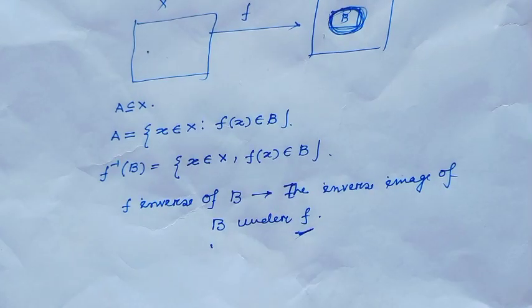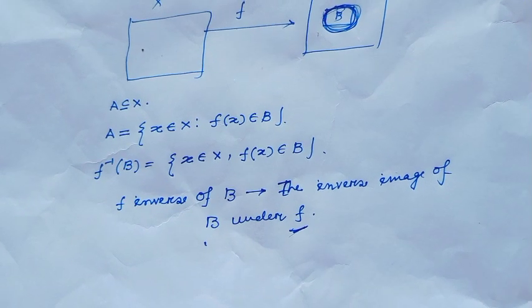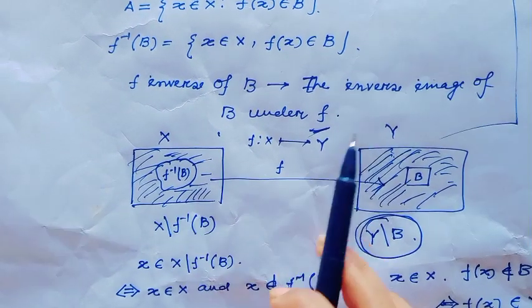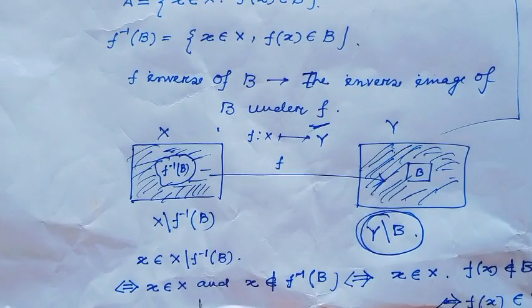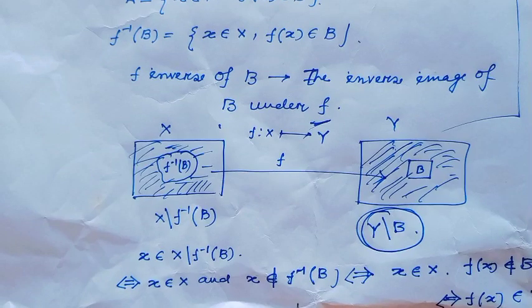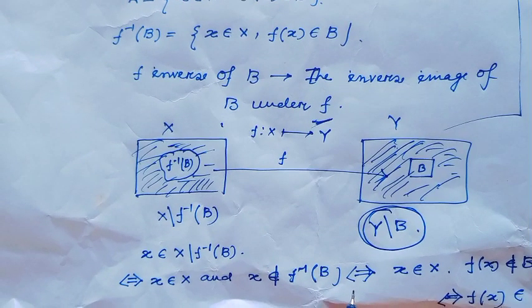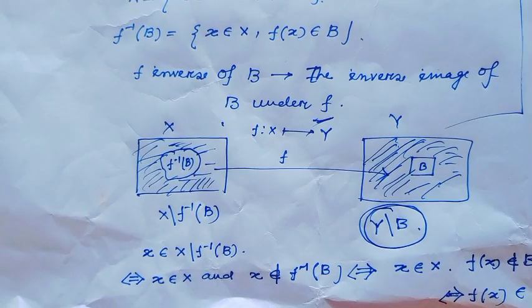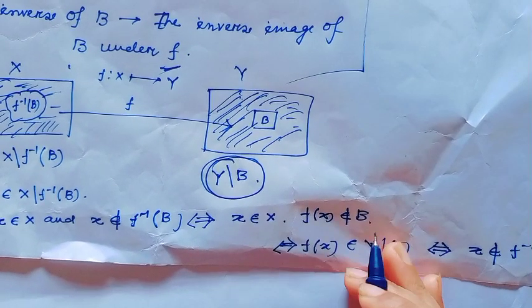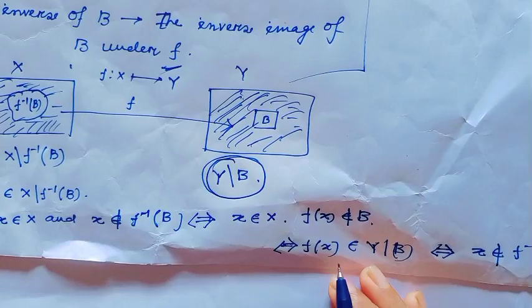This is the F inverse of B. Then x belongs to the complement of F inverse B means x belongs to X such that x does not belong to F inverse B. That means x belongs to X and the image f(x) does not belong to B.